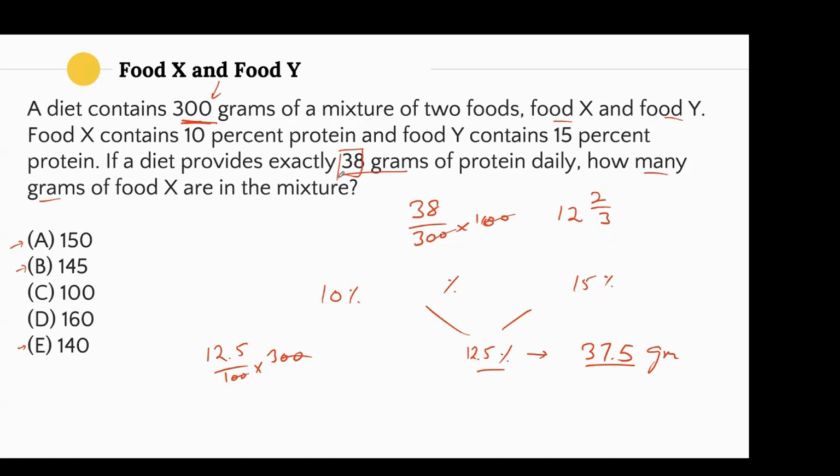One, food X will be roughly half only then, because this protein is actually so close to the exact half. Which side will it be on? Food X will be a little bit more than half or a little bit less than half? I think it will be between because 12.5.